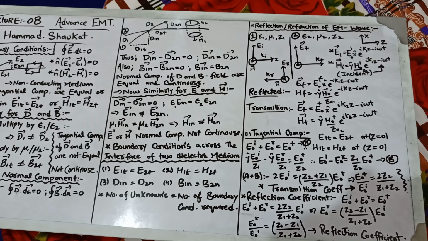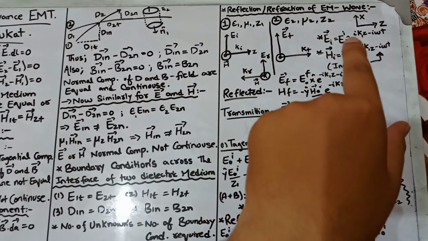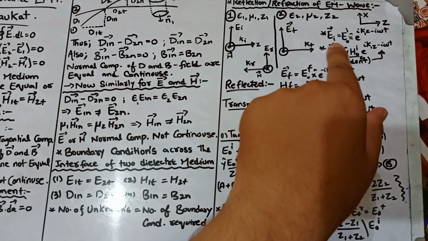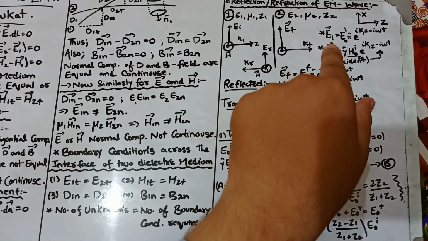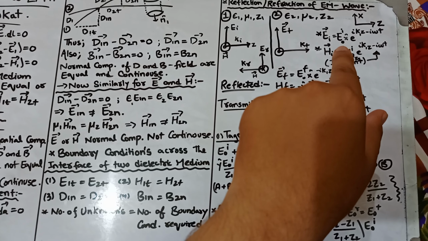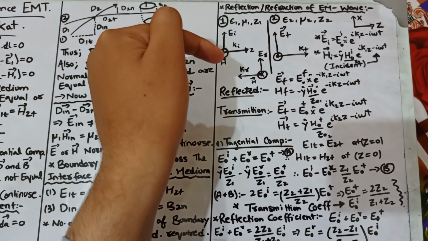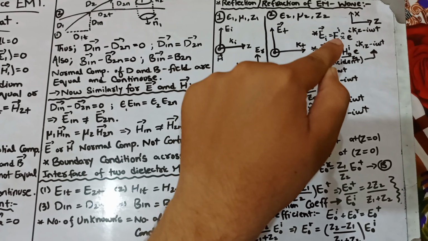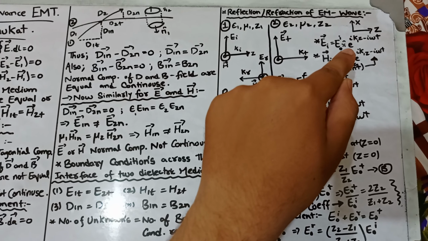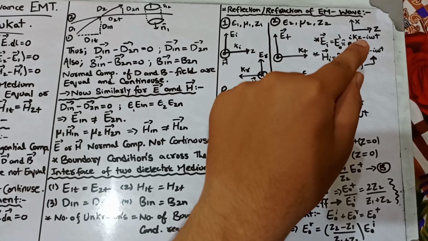First of all, let's start with the incident wave, for the case of the electric field first. The incident wave is denoted by EI, as shown here. EI equals E naught, which is the constant, and as you know your electric field is in the x direction, so that's why x cap here. Now e to the power iota, K1Z.